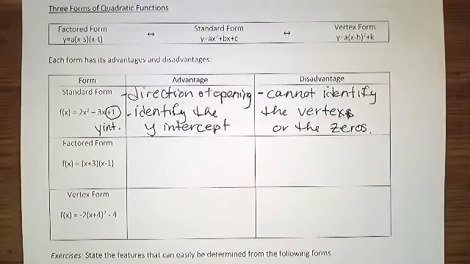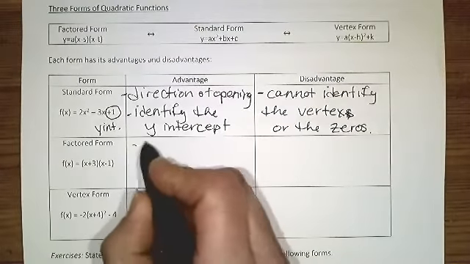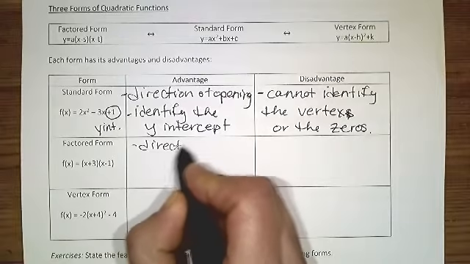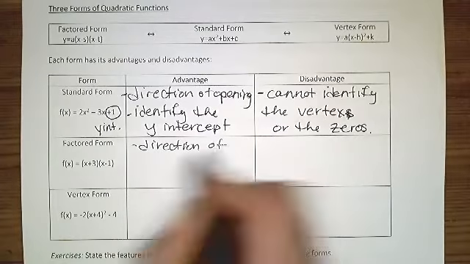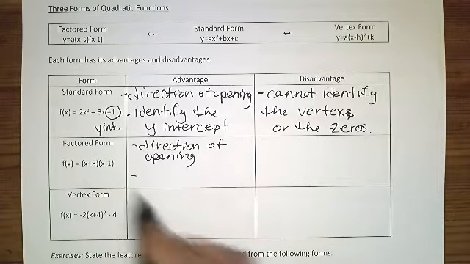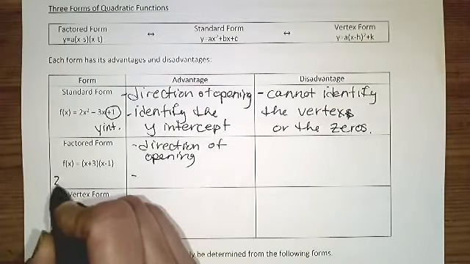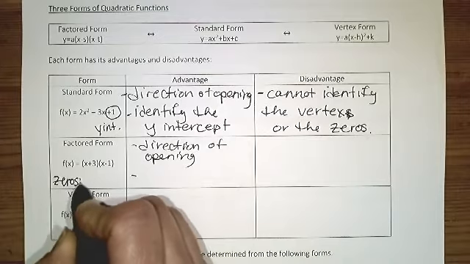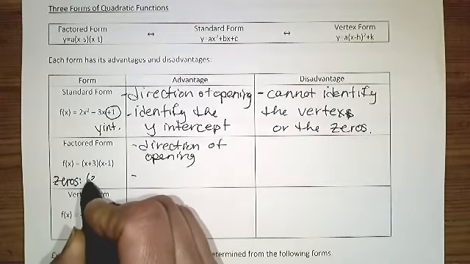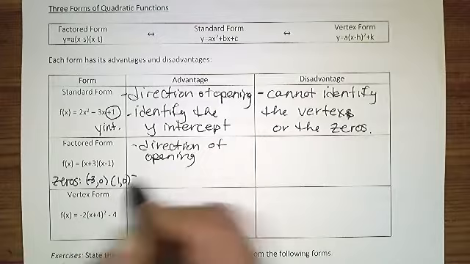Factored form. Once again, you would be able to identify that this opens up from the form, so direction of opening. And the other thing we're able to tell from factored form would be the zeros. We know the zeros for this particular equation are (-3, 0) and (1, 0).